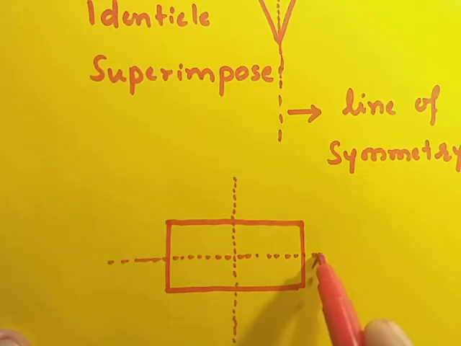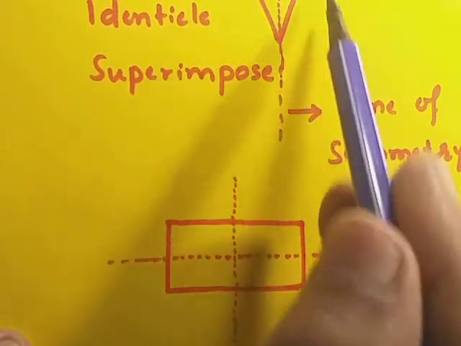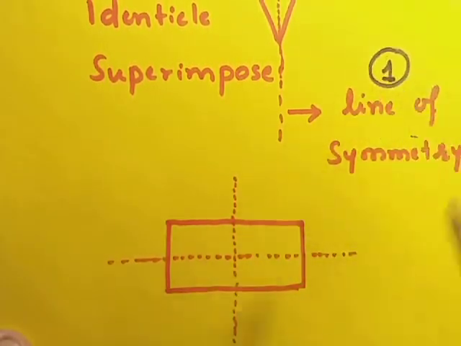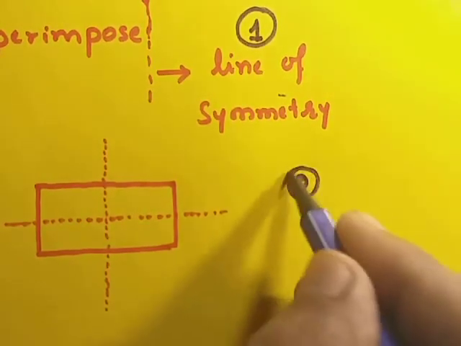And one more line can be drawn along the horizontal of the rectangle, and this is called horizontal line of symmetry. And therefore there are two lines of symmetry. Here it has two lines, whereas this shape has only one line. There is one line of symmetry, and here there are two lines of symmetry.